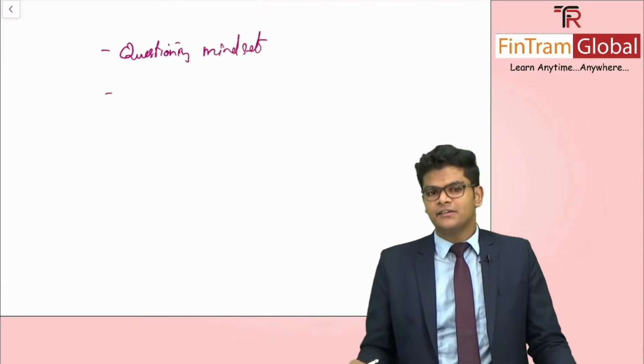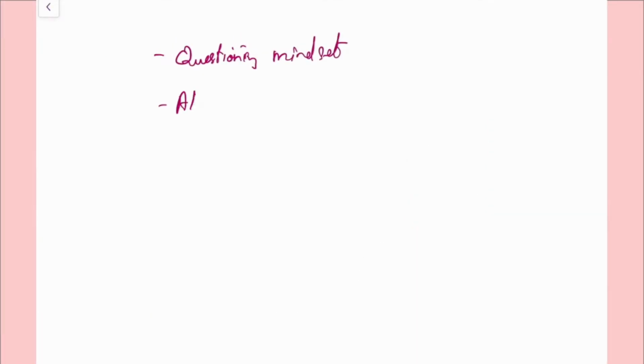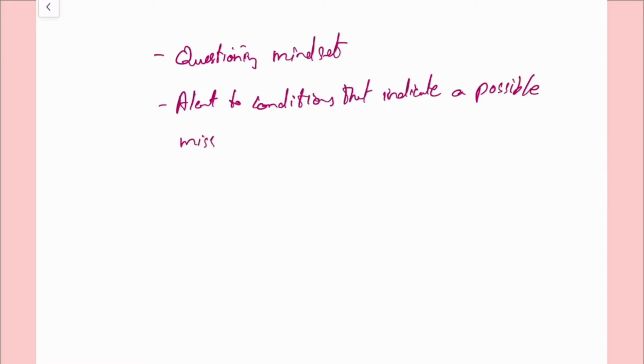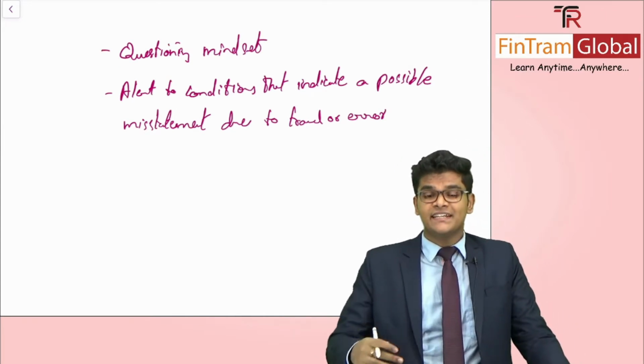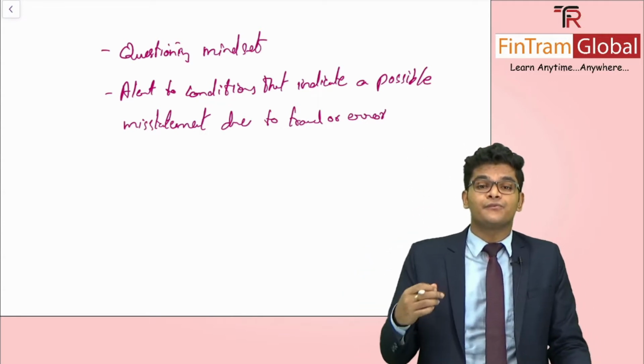And secondly, it involves being alert to conditions that can indicate a possible misstatement due to fraud or error. So that's basically the second aspect of professional skepticism. It's about being alert to those conditions which can indicate a misstatement caused due to a fraud or error activity.